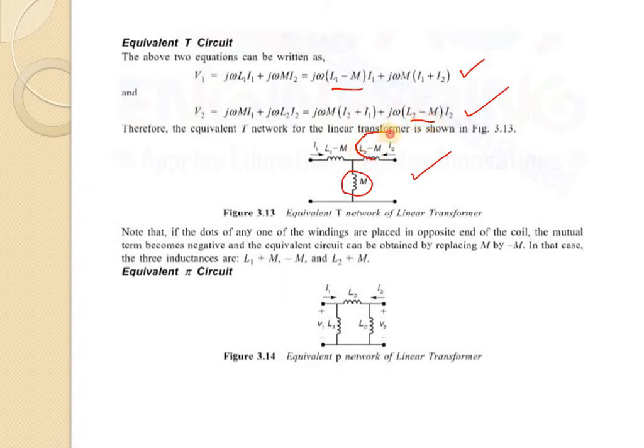We have put these together and formed the T equivalent of the transformer circuit. Now we will do the same thing for the pi circuit.